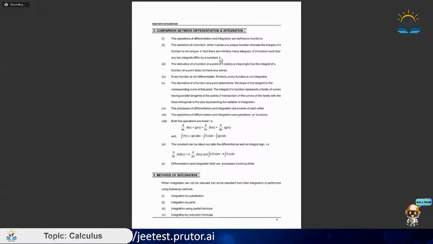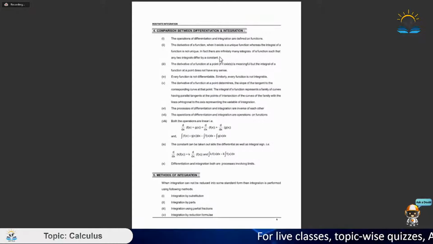But let's suppose we have a function x. So the integration of x would be x square by 2 plus c. Here this c can take infinitely many values.